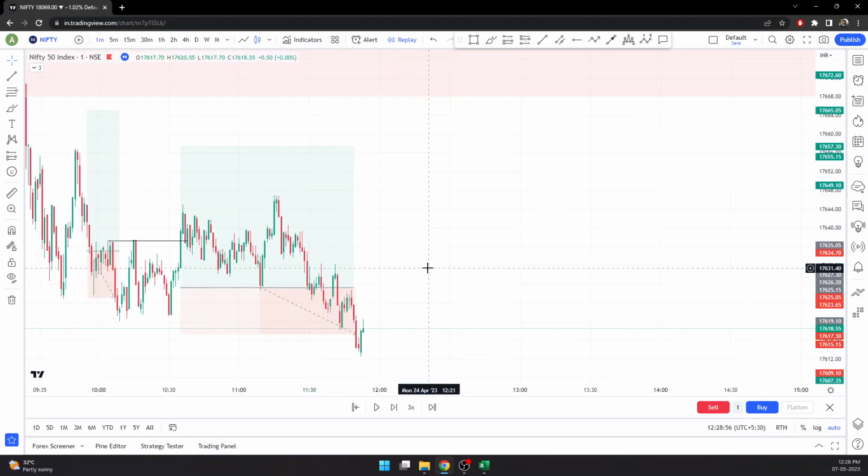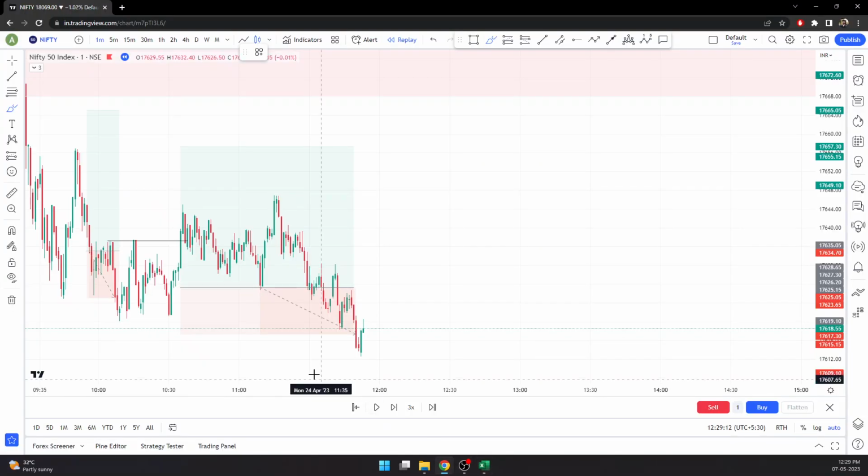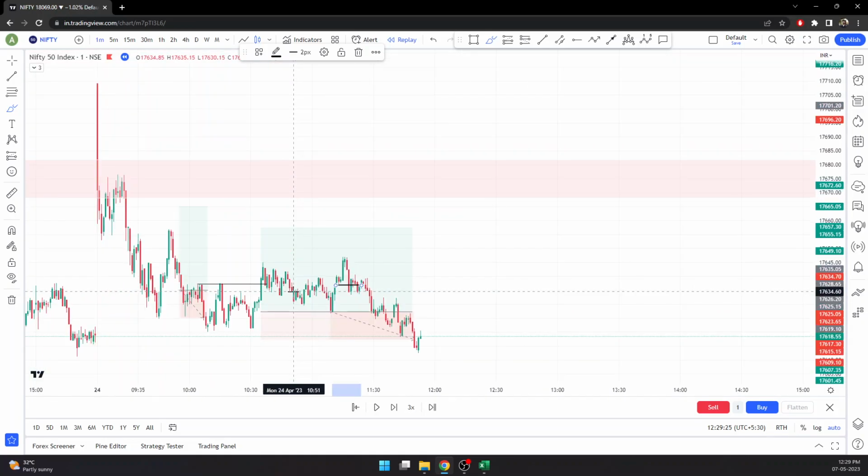So if we look in case of trailing stop loss, we can have trailing stop loss in case of, let's say, a continuous 3 hat trick of this loss, and this is again a loss for us. So what we could have done is we could have placed our stop loss somewhere here, and we could have at least taken some good amount back.